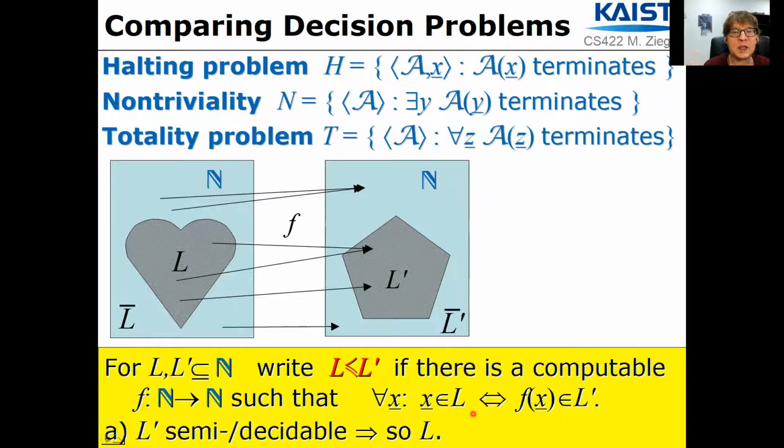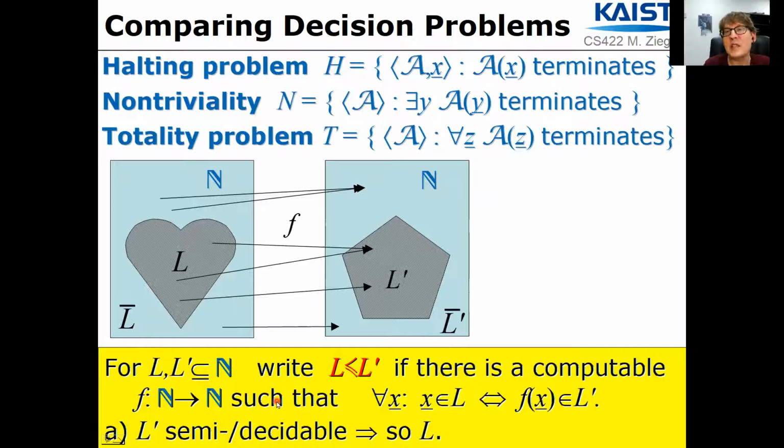So this proves that whenever L prime is decidable, and whenever L is less or equal in this relation to L prime, then also L is decidable, because we've just constructed an algorithm deciding L from the two algorithms, the one deciding L prime and the algorithm computing this total function.